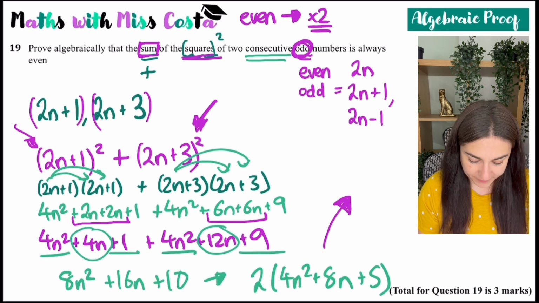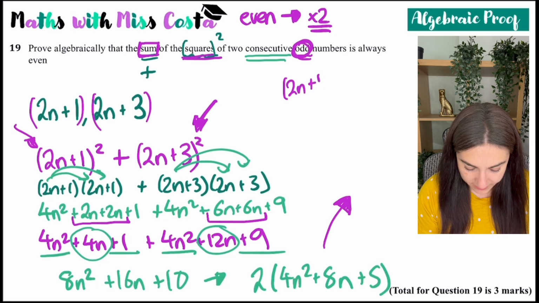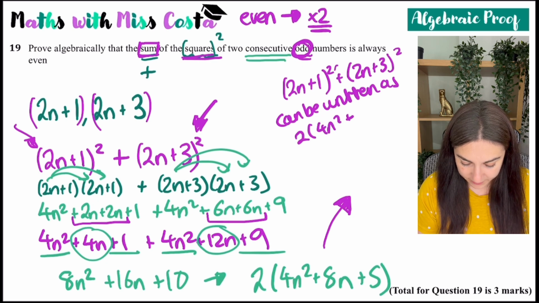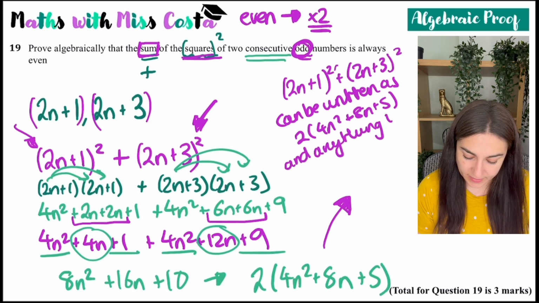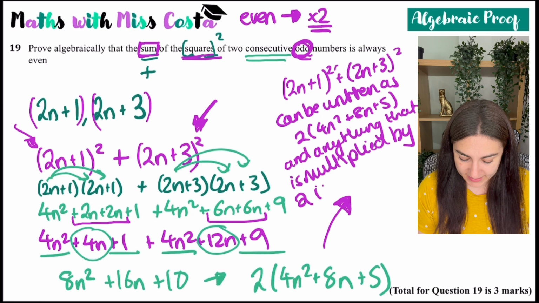Or let's go fancy. You could say (2n plus 1) squared plus (2n plus 3) squared can be written as 2 times (4n squared plus 8n plus 5), and anything that is multiplied by 2 is even.